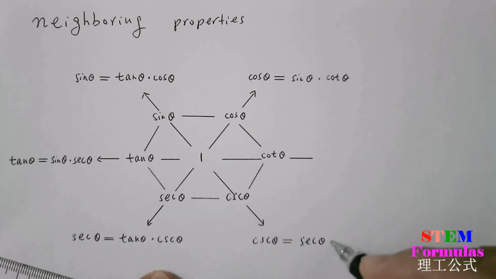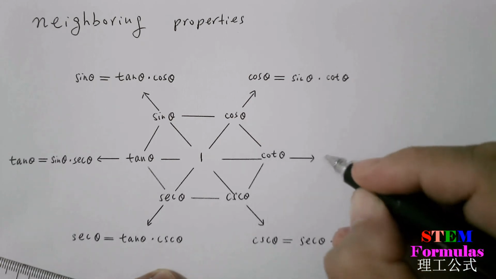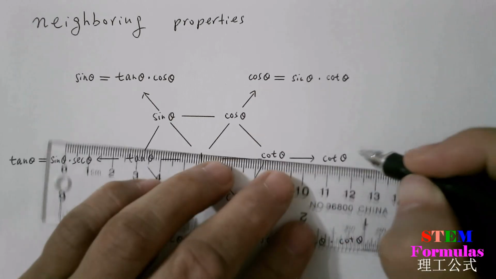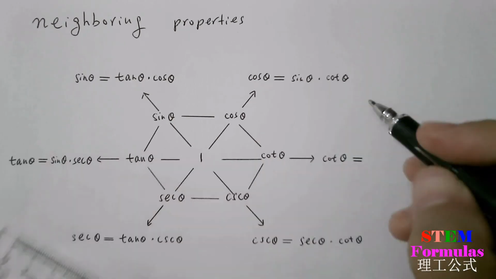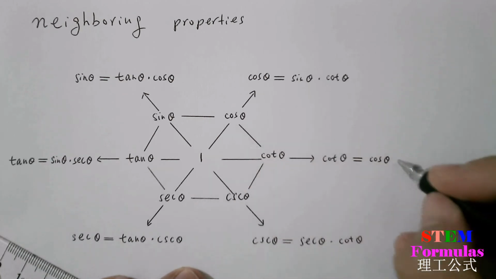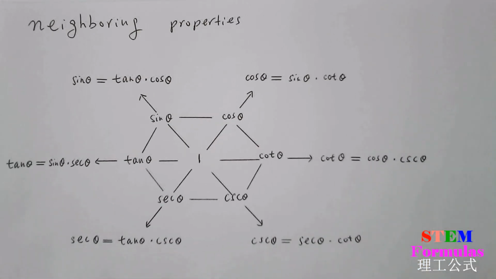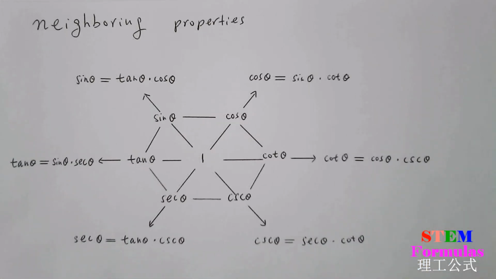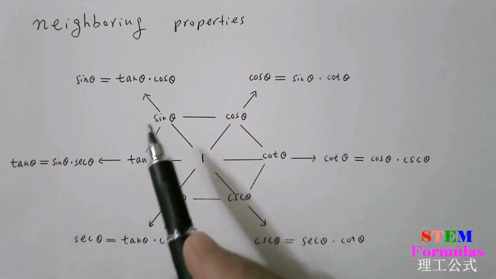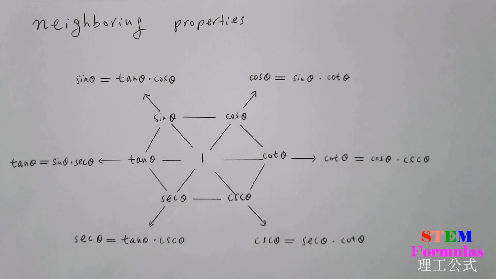And cotangent theta equal cosine theta times cosecant theta. So any function equal to product of neighbor functions.